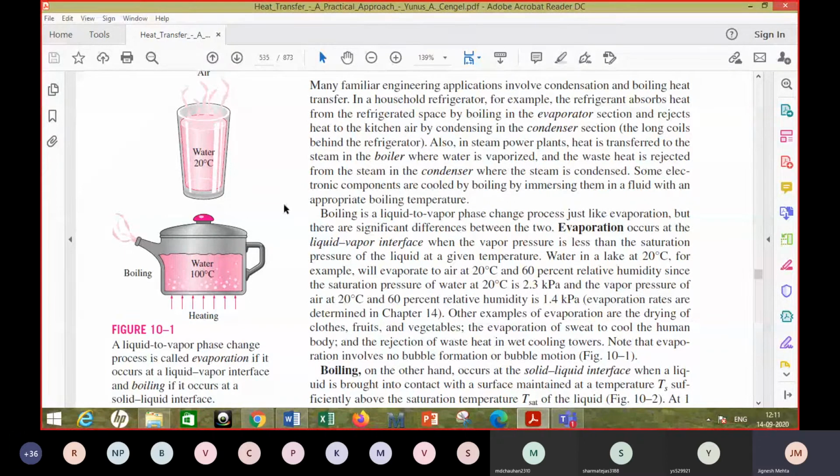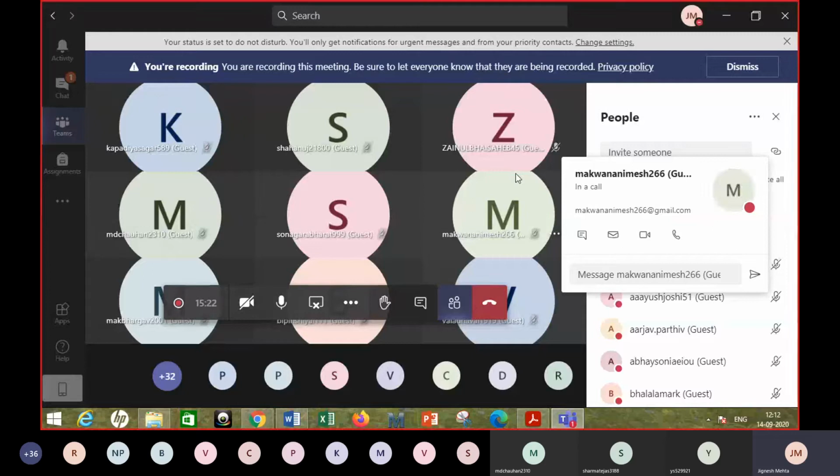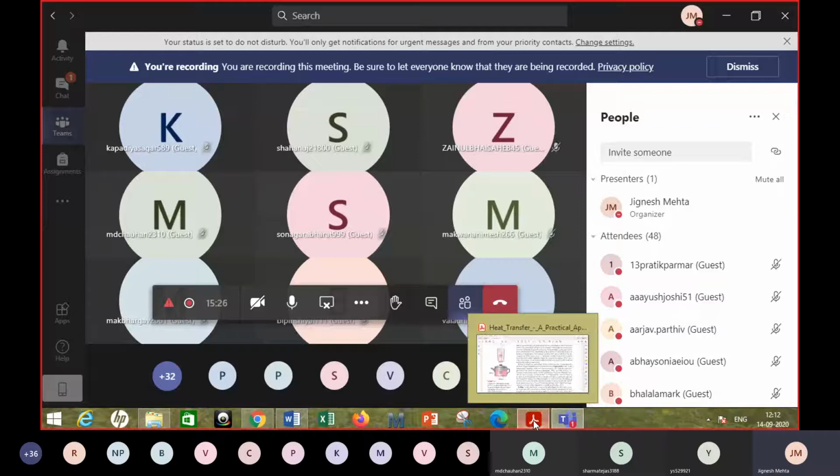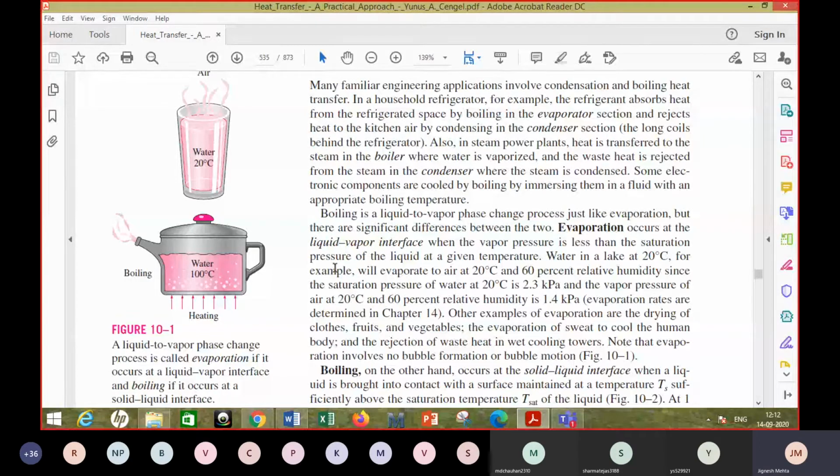But boiling, as you can see, a kettle is shown and it is put, let's say, on a gas stove, and heat is supplied to the bottom, so that the bottom surface, or the upper surface of the bottom, which is in contact with water, gets heated up, and water is shown to be at 100 degrees Celsius.